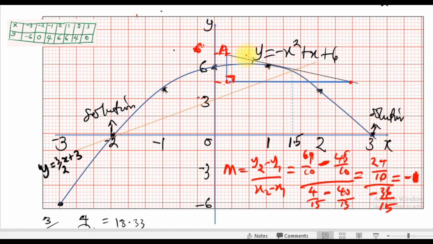So the slope of this curve at point x equals 1 is minus 1. So that's the answer. Whenever you have to find the slope at a particular point on a curve, you just draw a tangent line to that point. Use the line to calculate the slope. So the slope of the line is equivalent to the slope of the curve.